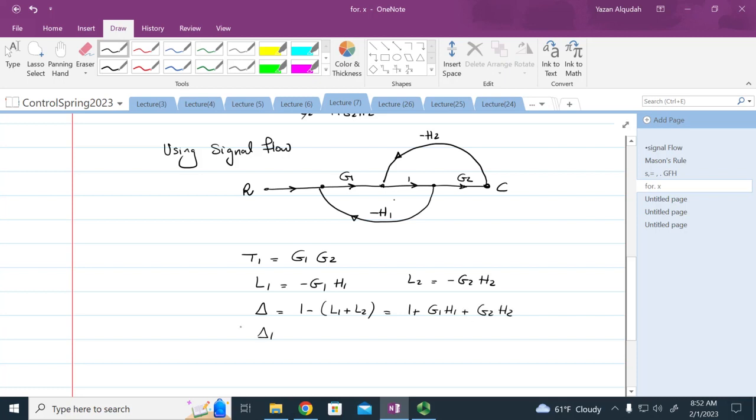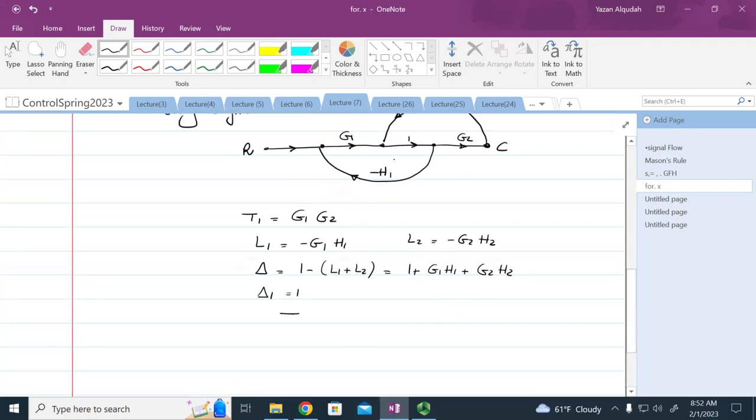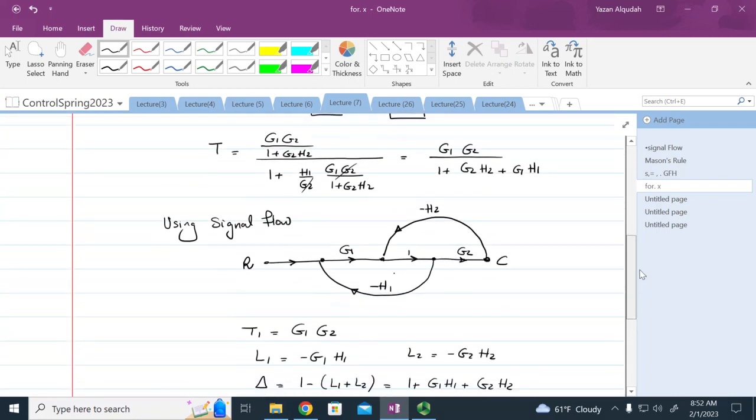Delta 1, if I remove the forward path, there are no loops left, so it equals 1. Therefore, the transfer function equals T1 delta 1 over delta, which equals G1 G2 divided by 1 plus G1 H1 plus G2 H2. Is that clear? And we can see this is the same result that we got from the block diagram reduction.